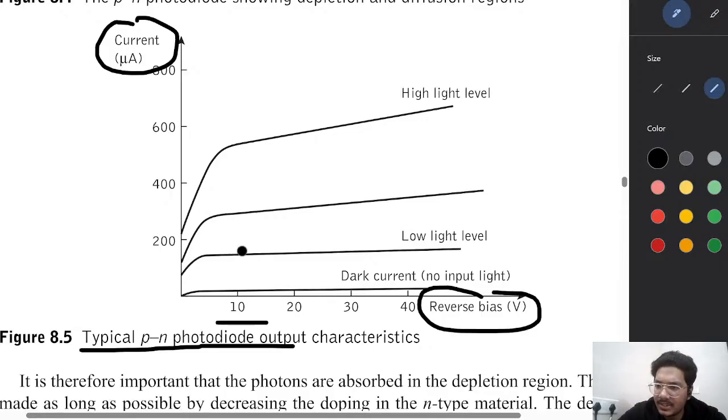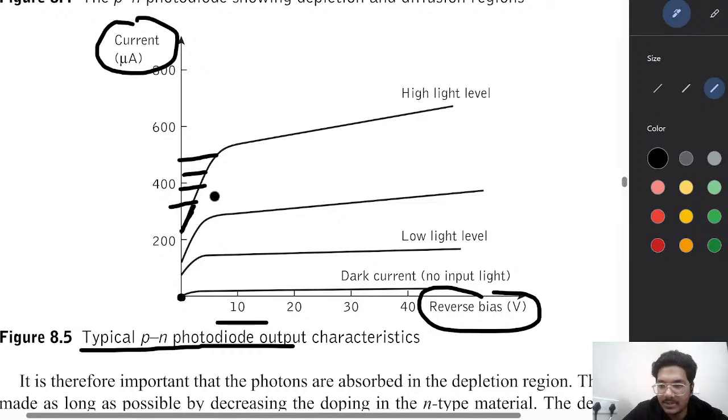At zero or very low light, only the reverse leakage current occurs. As the light increases, the photocurrent increases linearly.